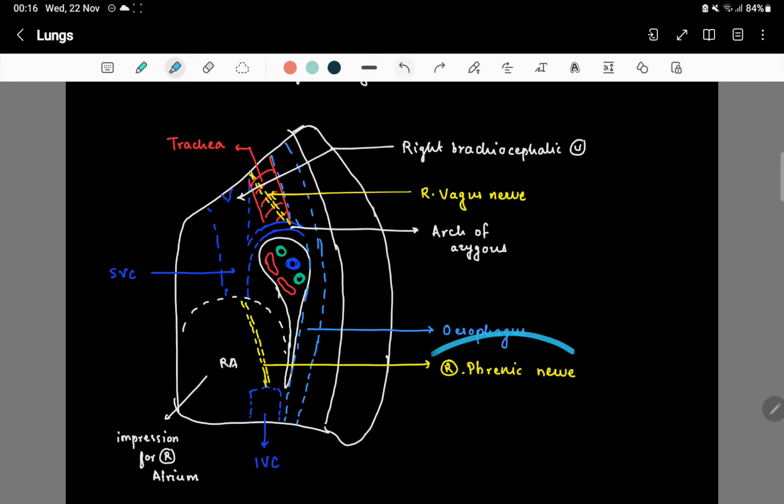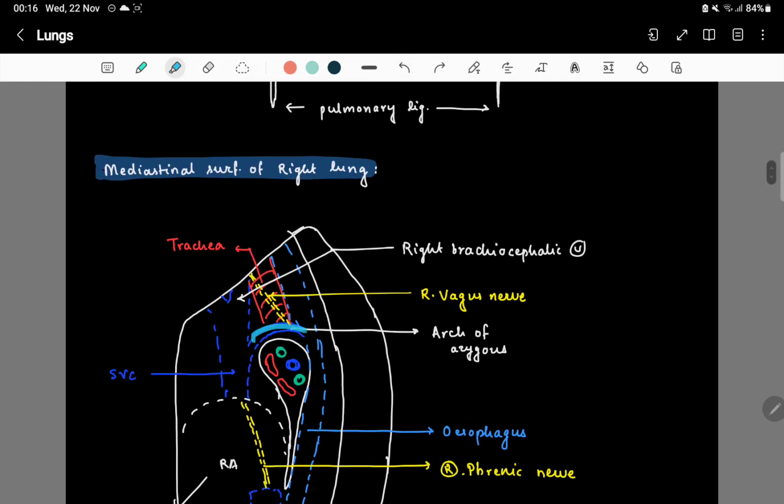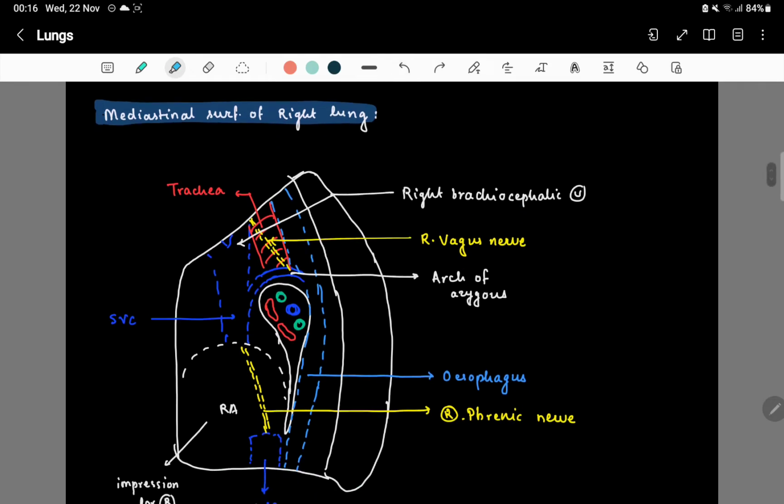Here you have the impression for your right phrenic nerve. We told about the arch of azygos vein, which will be seen here. Then the trachea will be present in the upper part, and another nerve, the right vagus nerve, will be present like this. Impression for your right vagus nerve.